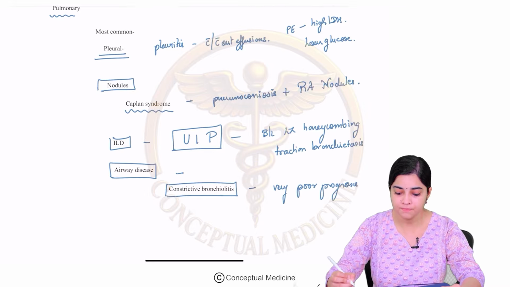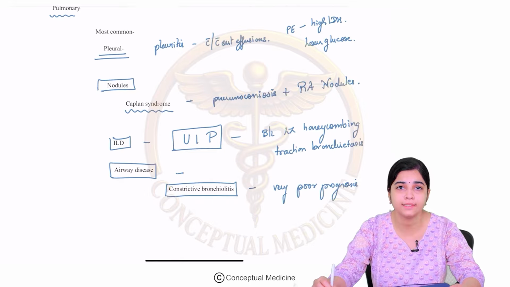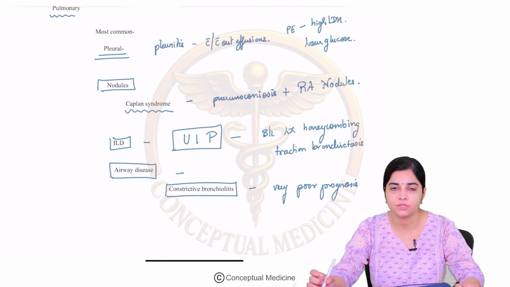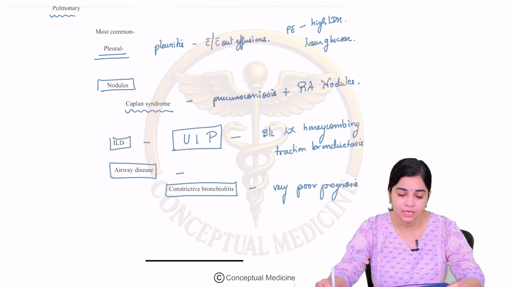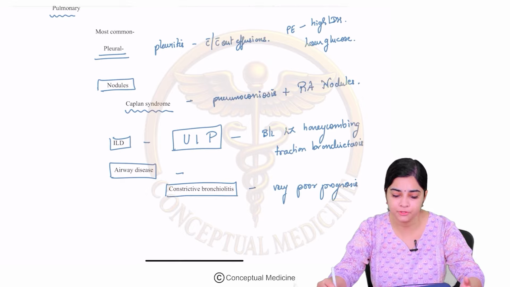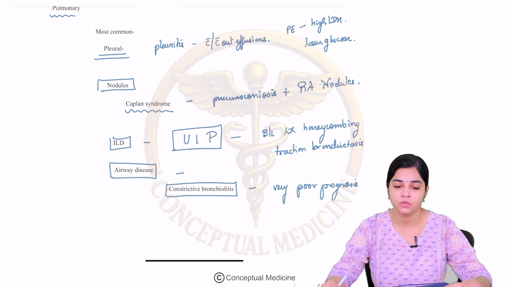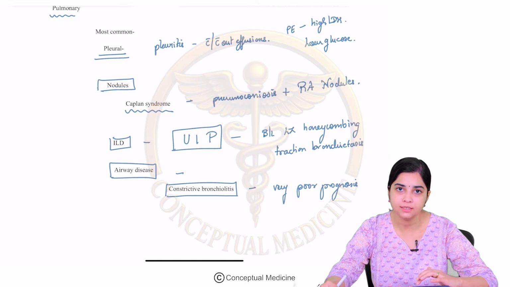So when you speak about the pulmonary manifestations in RA, you remember pleuritis, pleural effusion, nodules, ILD, UIP pattern and constrictive bronchiolitis. Okay. So this is how RA affects the lung.